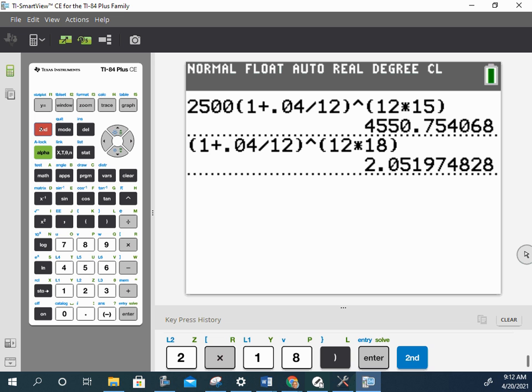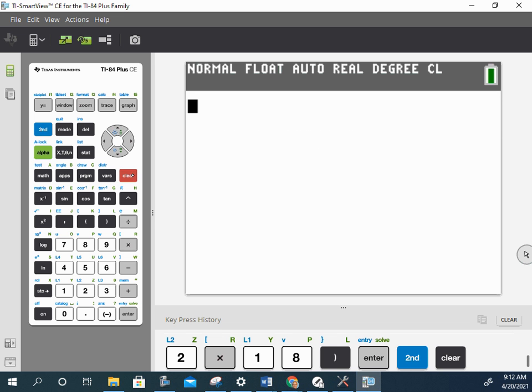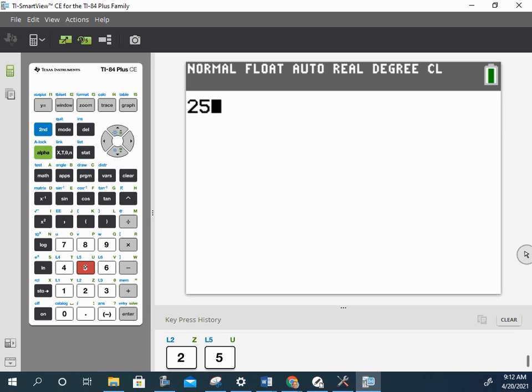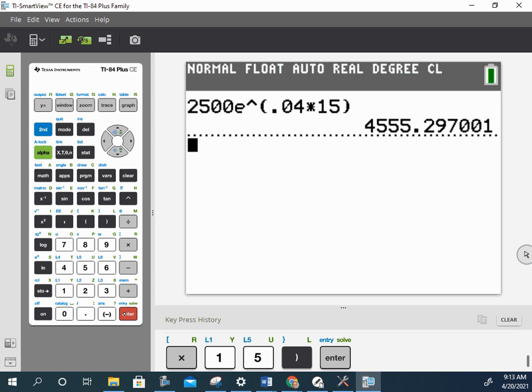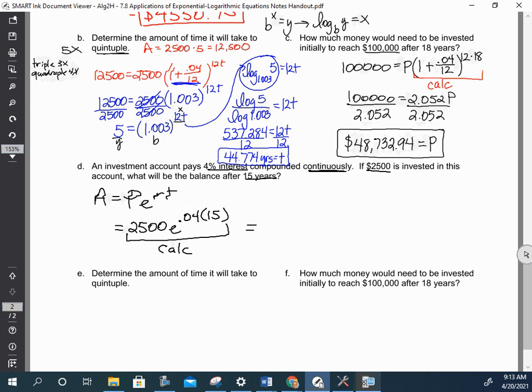So we hit second, ln, 2,500 times second ln, 0.04 times 15, close parentheses. Again, you can let the calculator do the entire thing. $45,553.30.